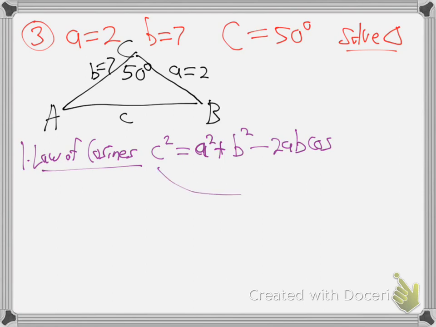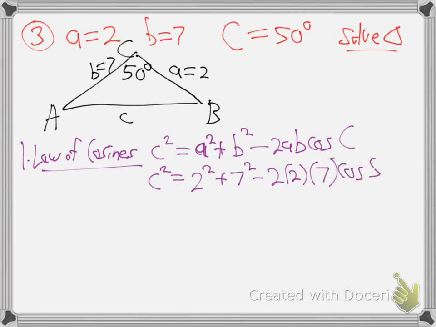C. It's always the one across. All right, so A squared, B squared. So 2 squared plus 7 squared minus 2 times 2 times 7 times cosine 50.